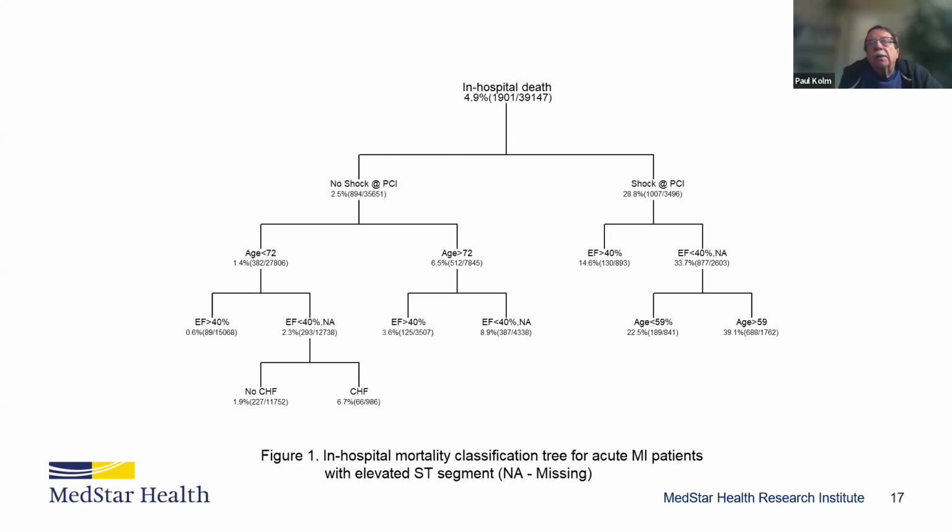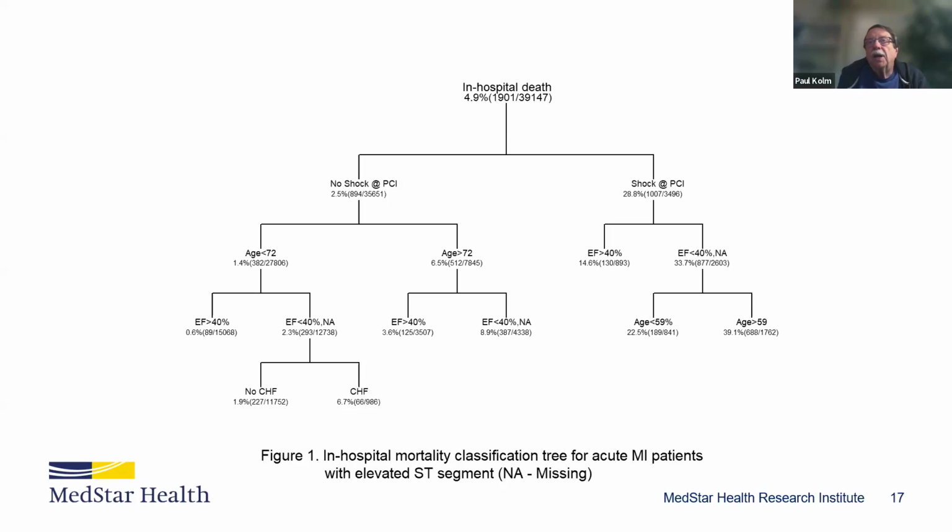Then we get further nodes over on the right side with shock at PCI. So the ejection fraction is either greater than 40% or less than 40% or missing.